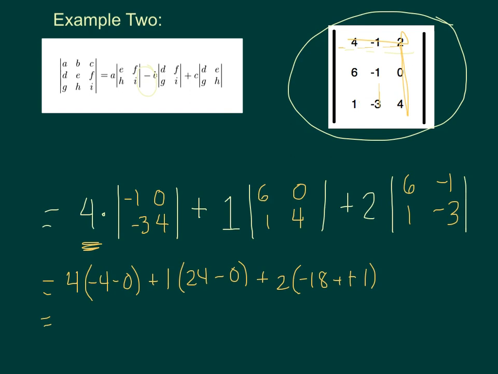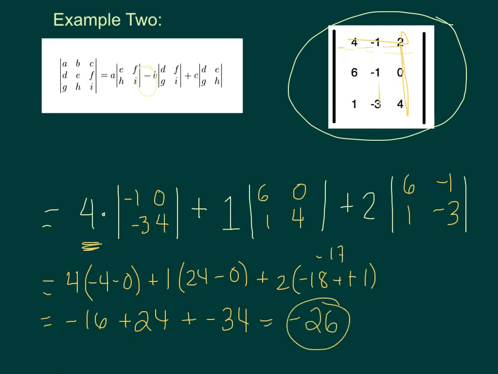And we just go through and calculate this out, so negative 16 plus 24 plus 2 times a negative, that's a negative 17, so plus negative 34. So that equals negative 26. So the determinant here is negative 26.